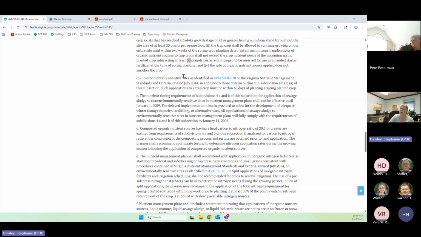You want to know the ins and outs of each of those specific fields, just so you're making recommendations that are going to be within our regs and the most beneficial to the farmer and the environment.